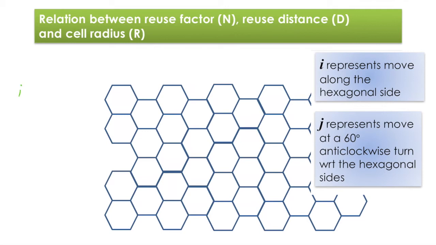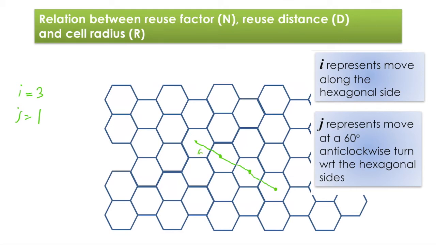So let us consider i equal to 3, j equal to 1. Now let us consider this cell. Here i equal to 3, so along this side, that means we can move along any one of the 6 sides. So i equal to 3, so we'll move up to 3 cells: one cell, this is cell 2 and this is cell 3.